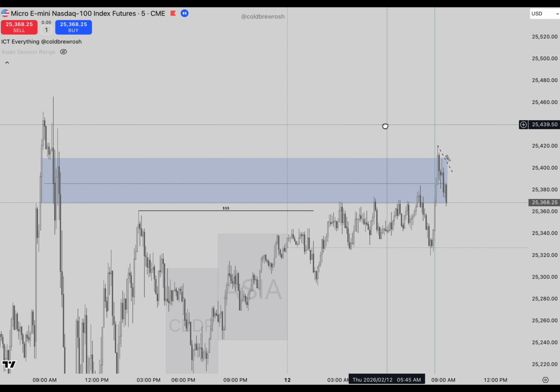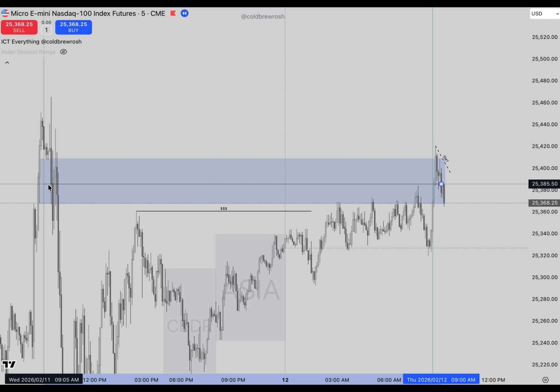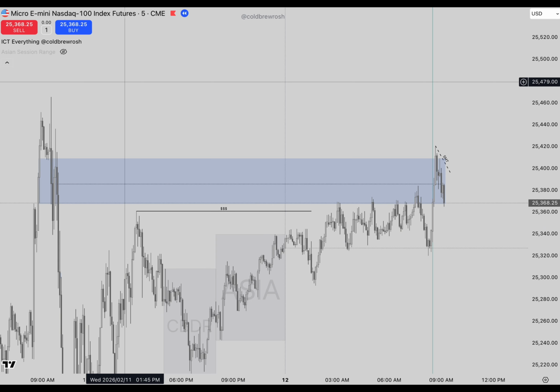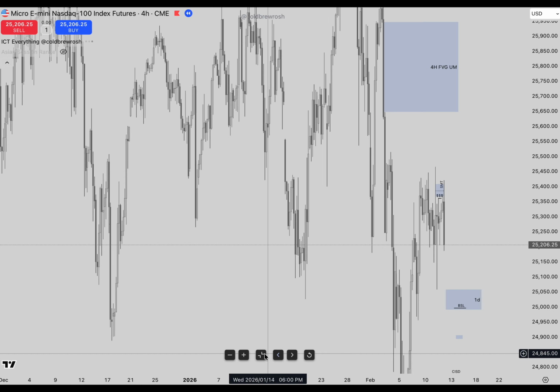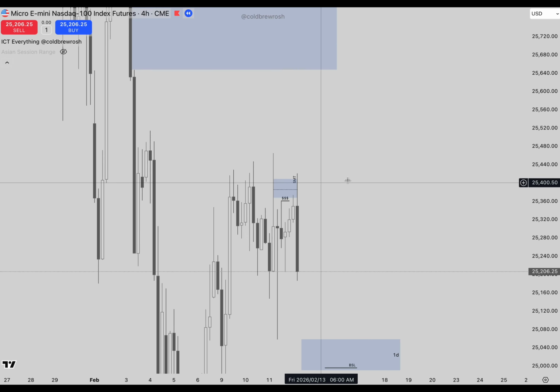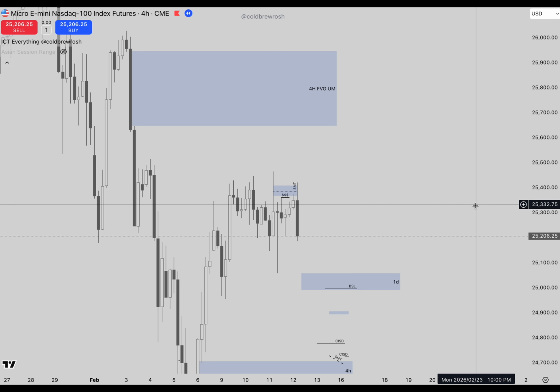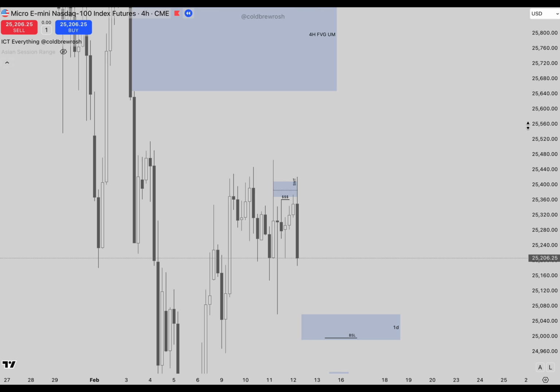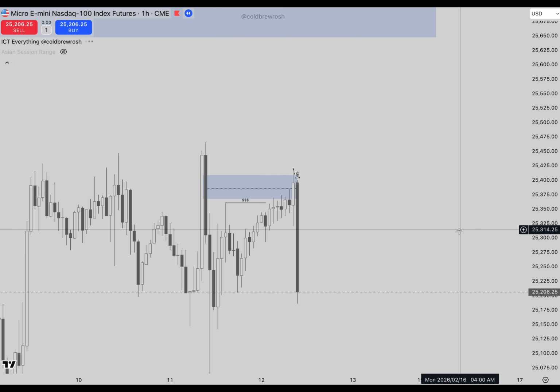Alright, I'm going to show an example of a trade I took last Thursday. So basically, first, we are expecting the midpoint of this wick right here. This is called consequent encroachment. It sounds very touchy, but it's not. It's just the midpoint of a big wick. Pretty simple.